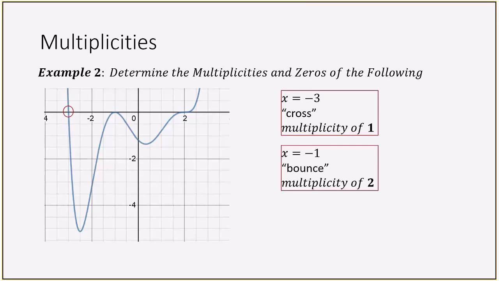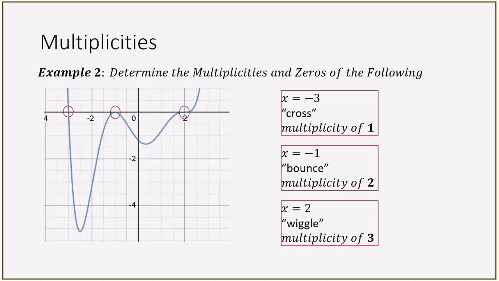So if it bounces, we say that has a multiplicity of 2, or that factor is going to be squared. And my third intercept that I see here is 2, 0, so that isn't going to cross, that isn't going to bounce, that is going to, for lack of a better term, wiggle. It's going to kind of bend through that intercept.